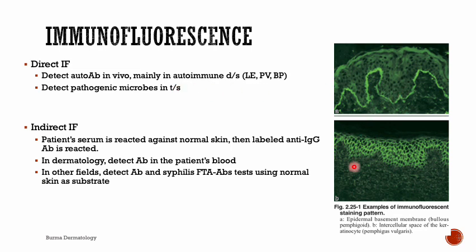Here in the immunostaining pattern, we can see a linear appearance of IgG and C3 in bullous pemphigoid, a subepidermal blistering disease, and a pattern of IgG autoantibody, in the presence or absence of C3, can be seen in pemphigus vulgaris, which is an intercellular pattern.